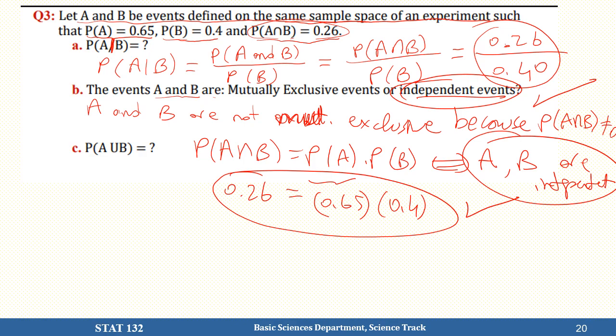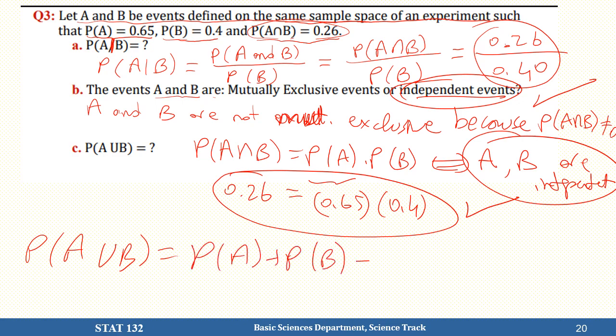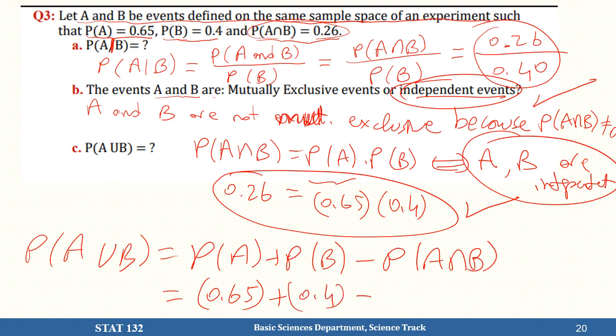Now, what is the probability of A union B? So we use the addition rule here. It's the probability of A plus the probability of B minus the probability of A intersection B. And the probability of A is 0.65 plus the probability of B is 0.4 minus the probability of A intersection B, 0.26.